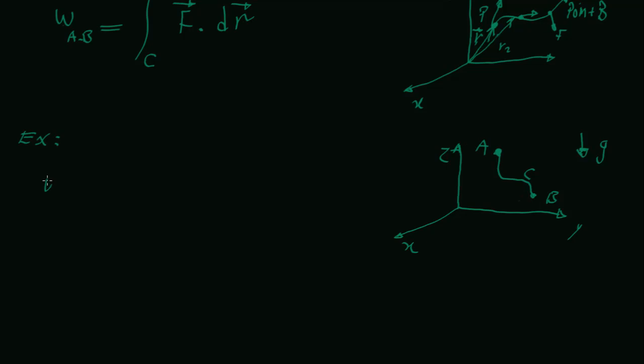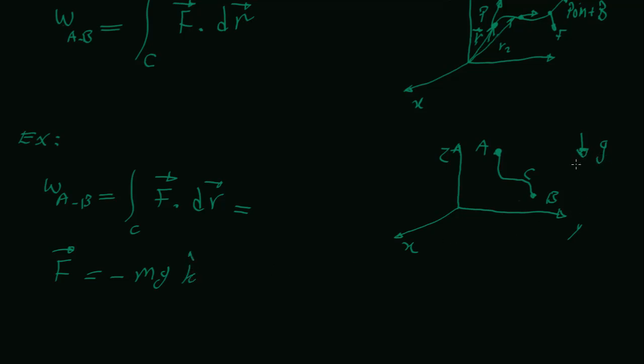So say W from A to B is equal to the integral along this path of F dot dr. So what is F here? F is just the force of gravity, which is minus mg in the k direction.